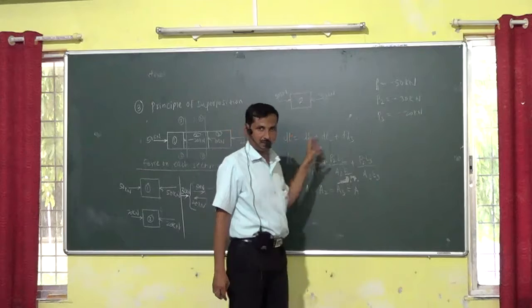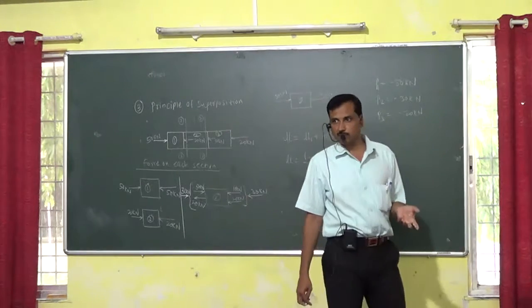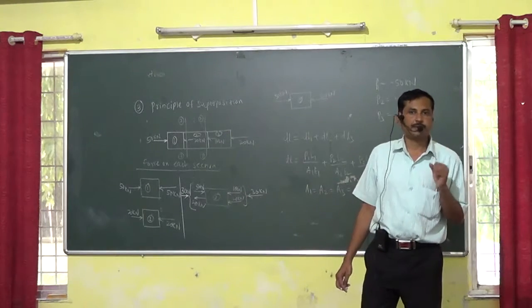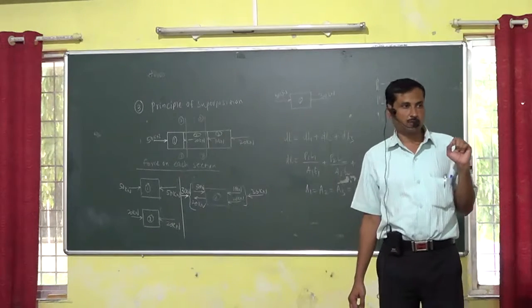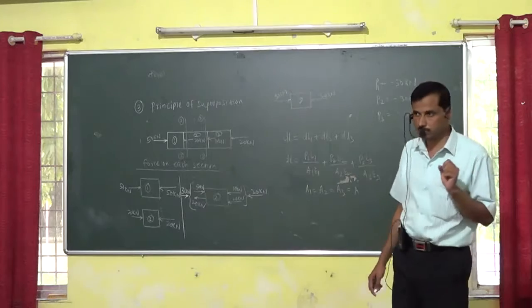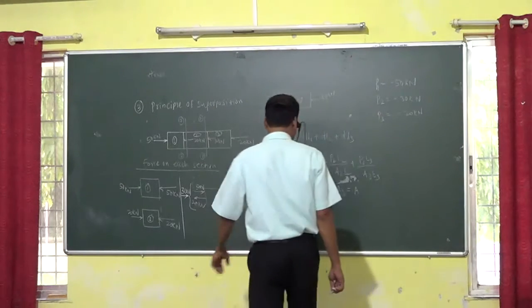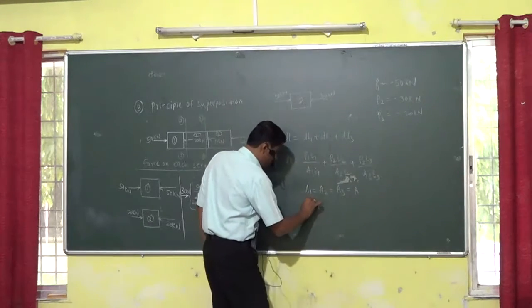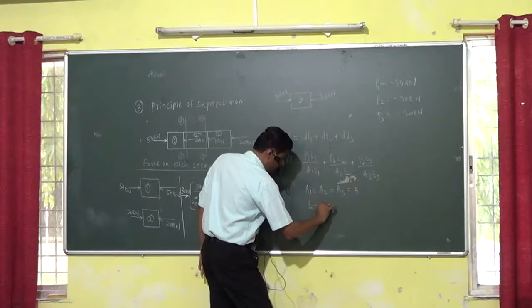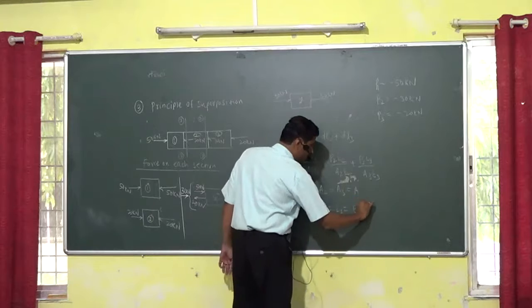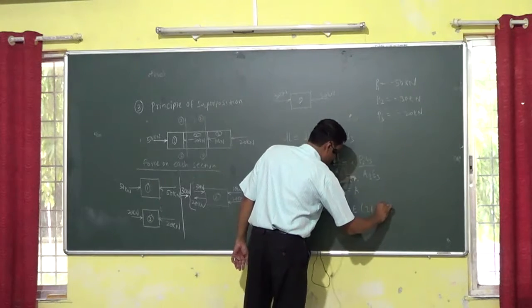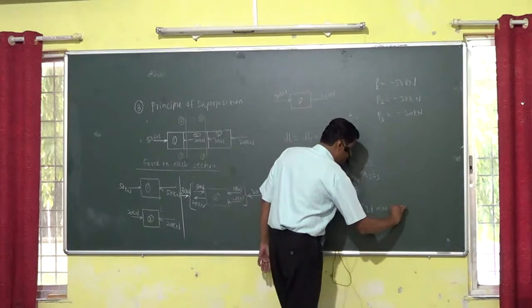Is it okay? In this case also material is same or material is different. If material is same, then Young's modulus for section 1, Young's modulus for section 2 and Young's modulus for section 3 will be same. So here E1 is equal to E2 is equal to E3 is equal to E if material is same for each section.